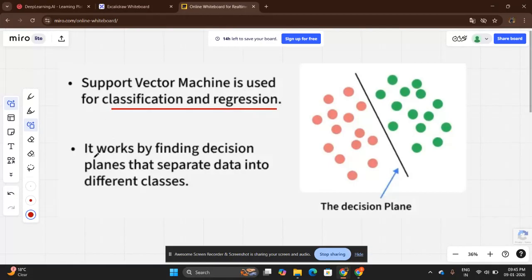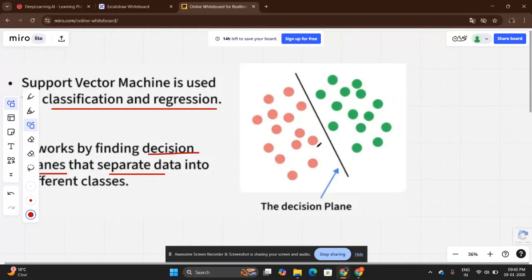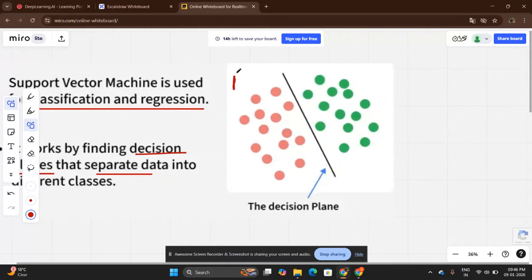It works by finding the decision plane that separates the two different classes. So over here, suppose this is class A and this one is class B. It separates the two classes by drawing one line, which is called the decision plane or hyperplane, we can say.